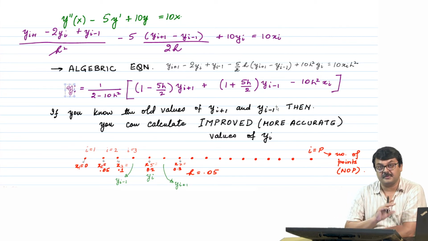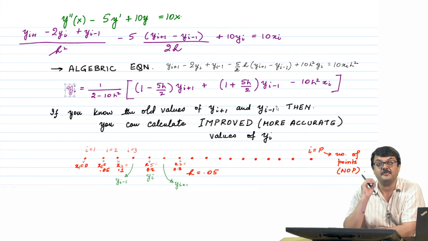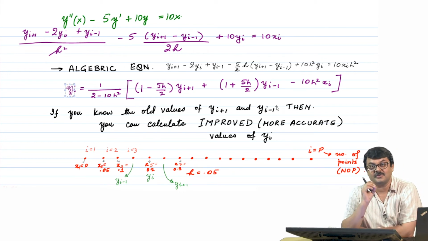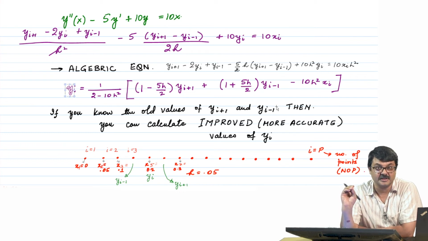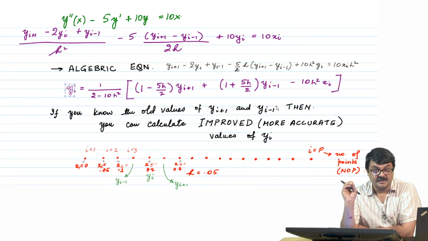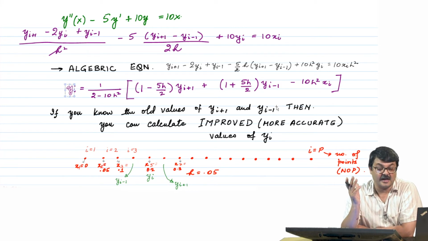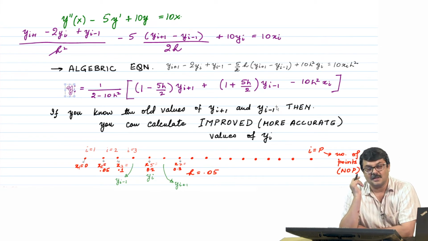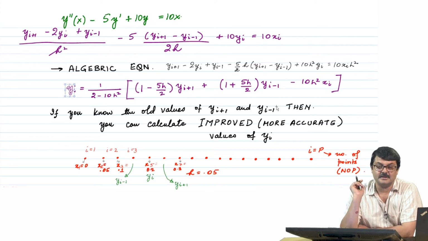So, if you somehow knew it, or even if you guessed it, suppose you try out with a trial solution. You do not know what the solution of the differential equation is, but you could have a trial solution, especially since you have an idea of the limits: you know that at x equal to 0, y equal to 0, and at x equal to 1, y equal to 100.